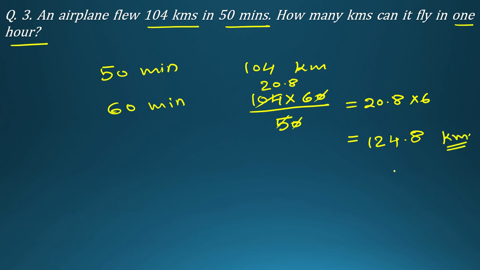Okay. Maybe in the exam they will say find the nearest distance. So the nearest distance, approximately, will be 125 kilometers. Okay. Like this you can change the answer if it is required.